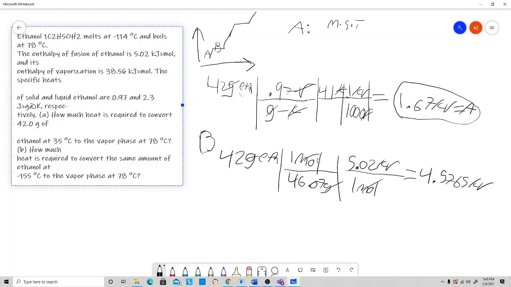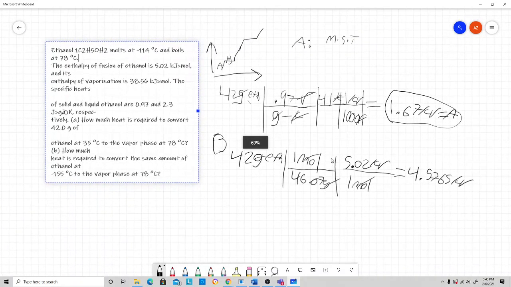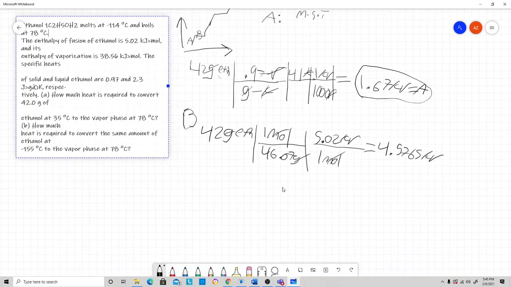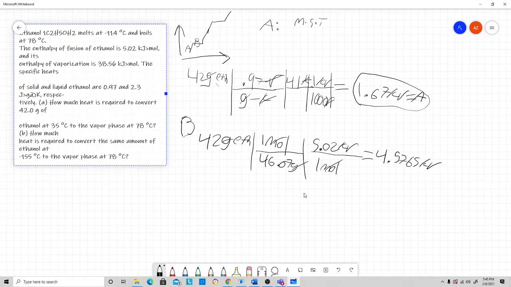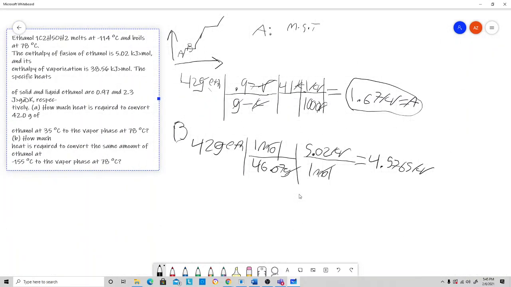Okay, so now we're gonna go to this part right here. We're gonna call it C. So now that we have C, we need to find the specific heat of the liquid and when it evaporates.